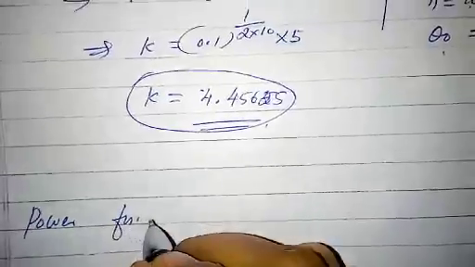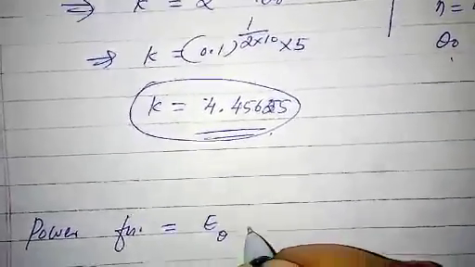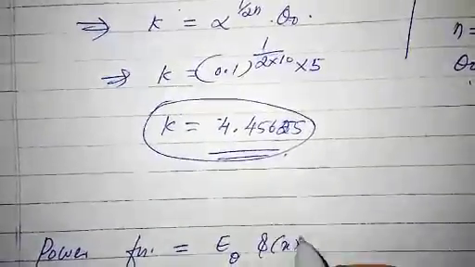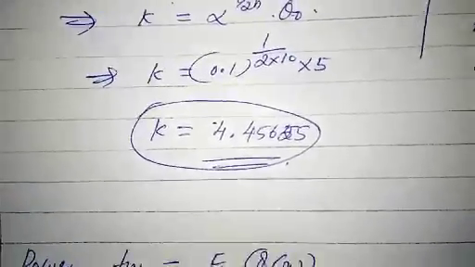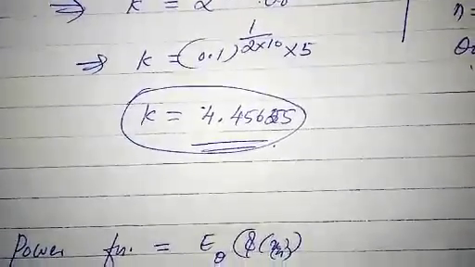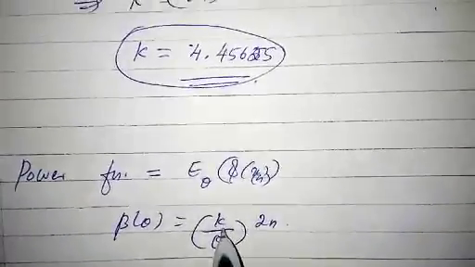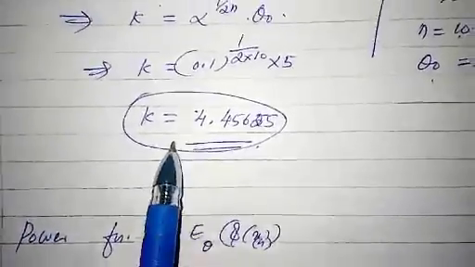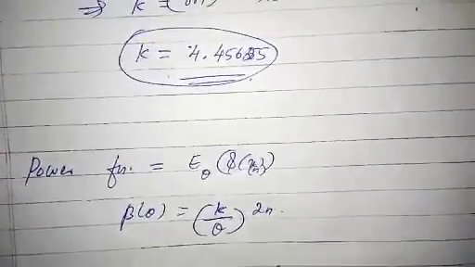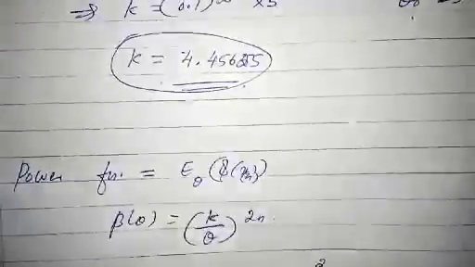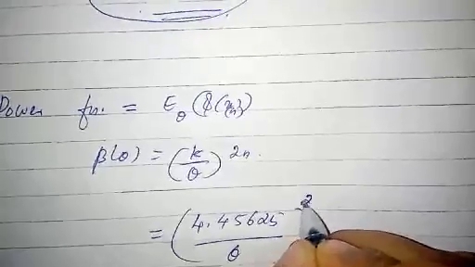Then here we have to find the power function, which is equal to the expectation of phi of xn under theta, right? Which means beta of theta equals k divided by theta power 2n. Here we found the k value, that is 4.45625 divided by theta power 2 into n. N is 10, right? Then 2 into 10, 20.